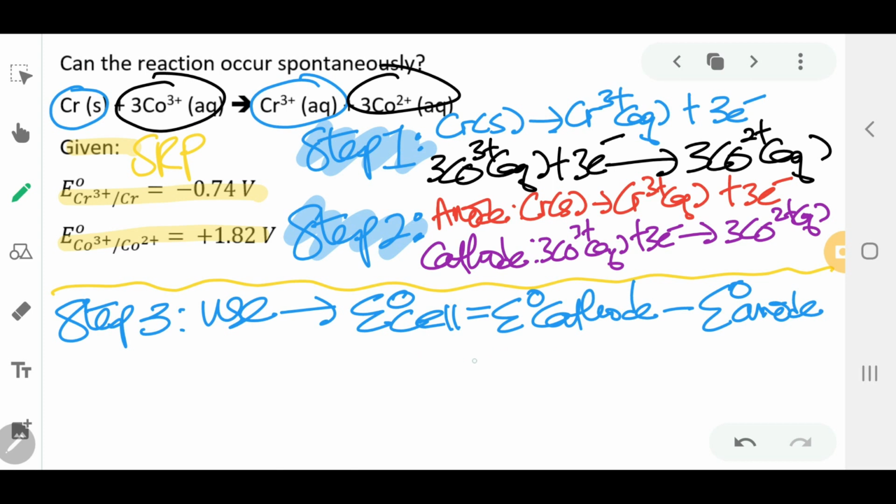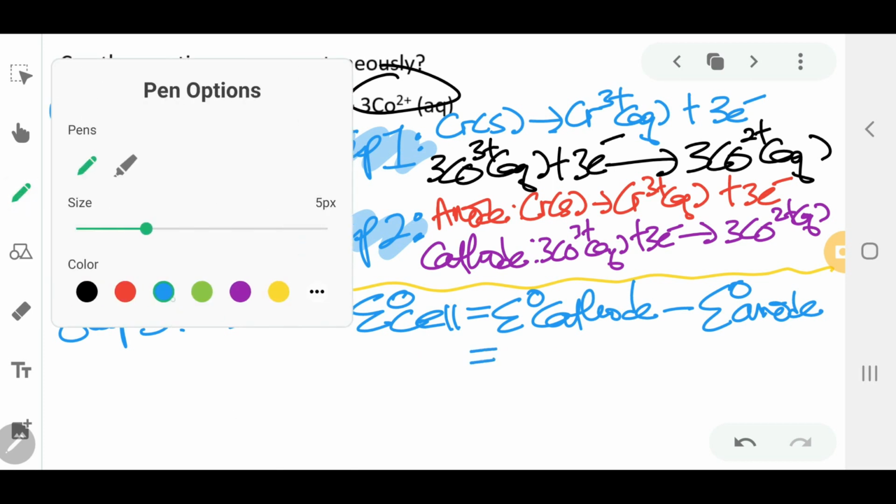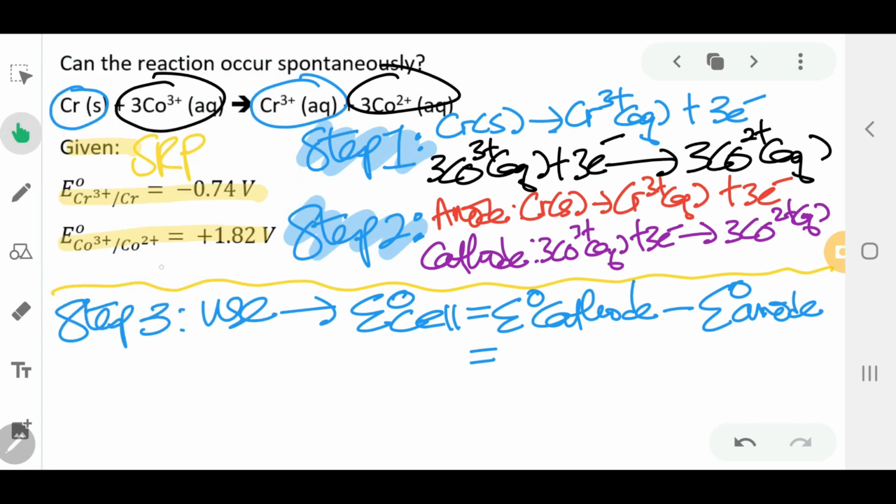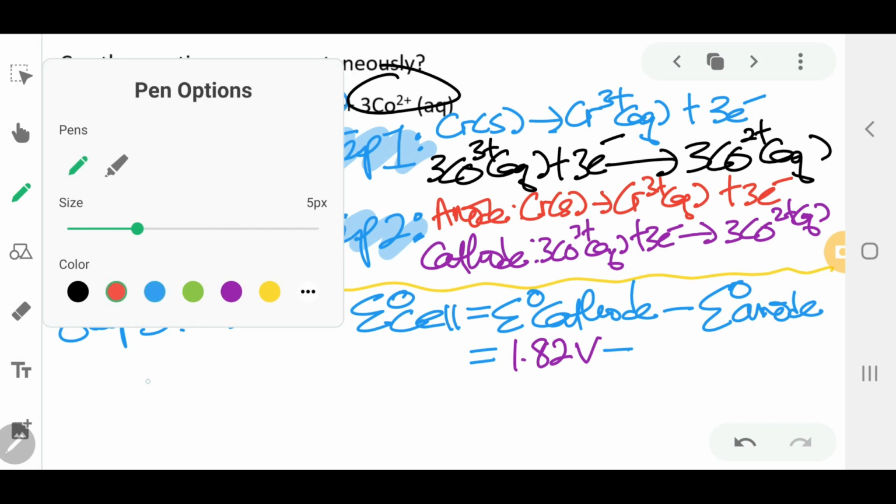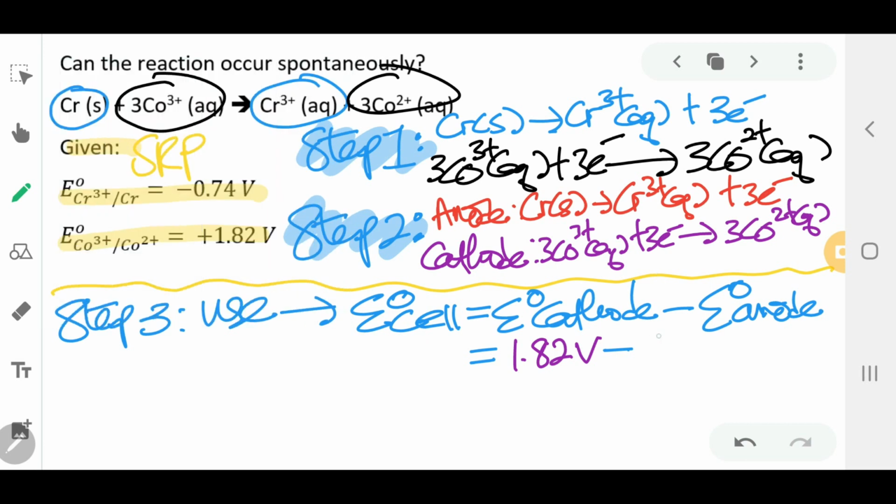So you have E naught cell equals, the cathode is cobalt right there. So you get plus 1.82 volts. Minus, and your anode is the chromium half cell.